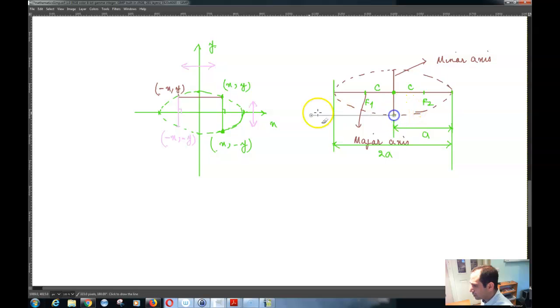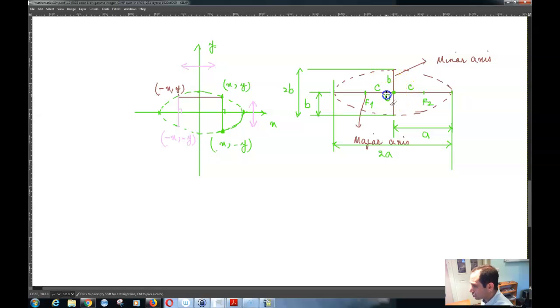And if I imagine that this is one end of the minor axis, and this is halfway through the minor axis, then this distance is denoted by b, and naturally this distance would be 2b.